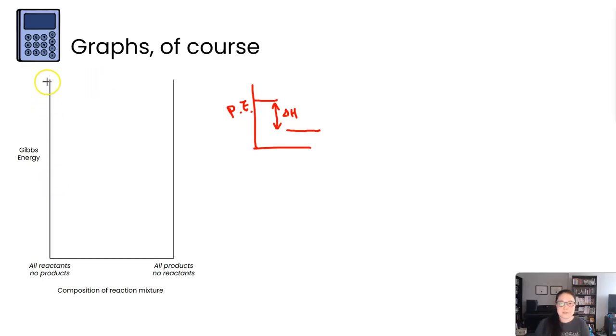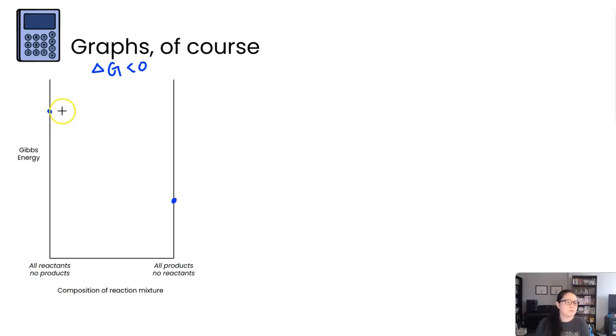So let's look at a situation where we have a negative delta G, so this reaction would happen spontaneously. If we are looking at a negative delta G, that means our reactants have more Gibbs energy than our products. So over the progress of the entire reaction, you are going to have a decrease in your Gibbs energy.